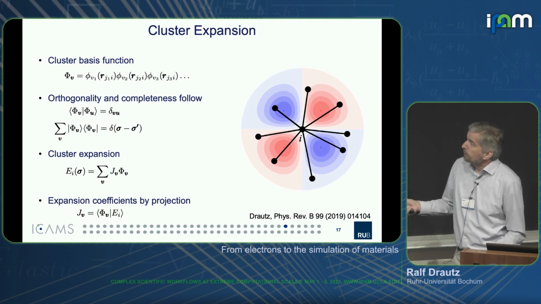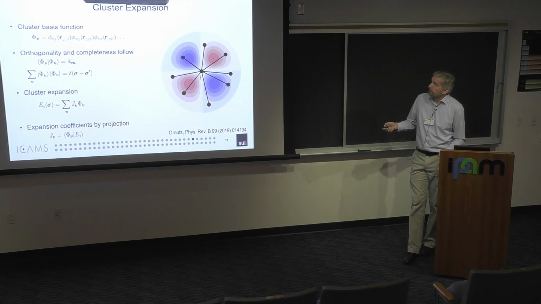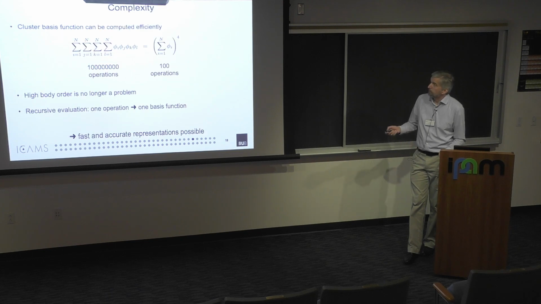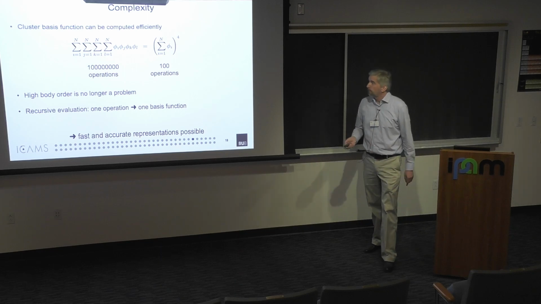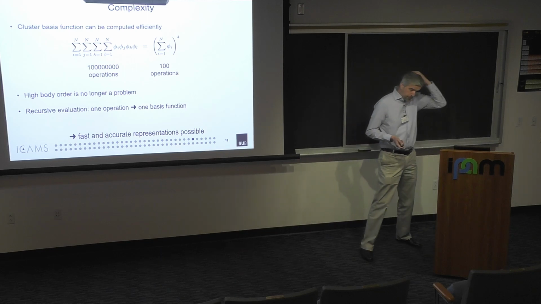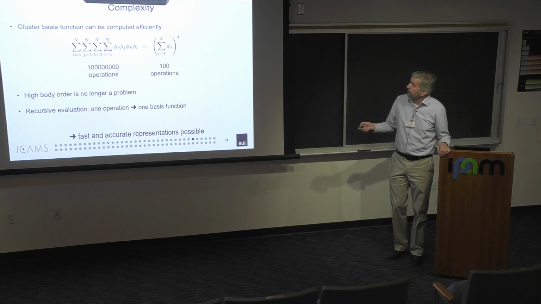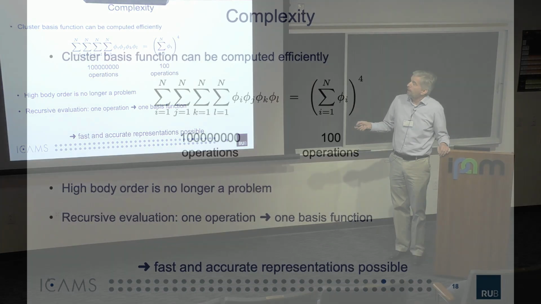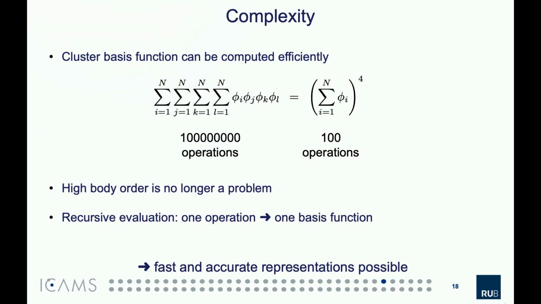Now we still have to take all these products, and one may argue that to evaluate these products is cumbersome and expensive, right? So we have these products and we have to sum them over all neighbors. And with the exact same argument that I just made, this is computationally very expensive. So if each of these atoms has to sum over 100 neighbors, then we get 100 to the power of 4 operations that we need to do.